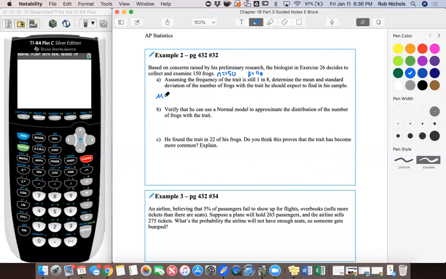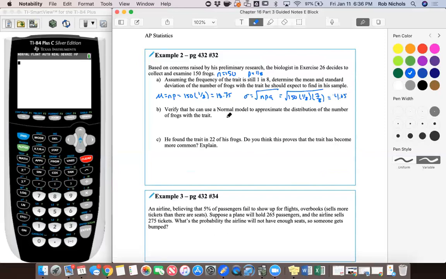Again, the mean is going to be N times P, which is 150 times 1/8, and that's where we get 18.75. And my standard deviation is the square root of NPQ, which is the square root of 150 times 1/8 times 7/8. And that's going to give me 4.05.